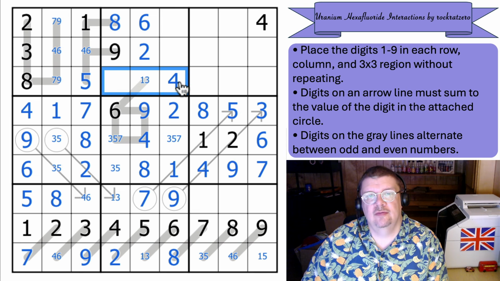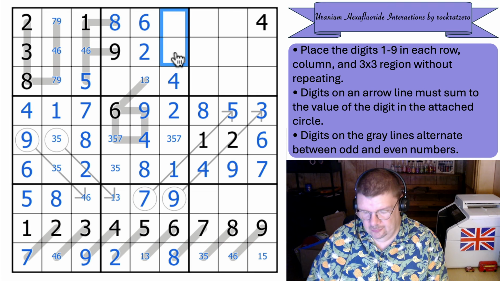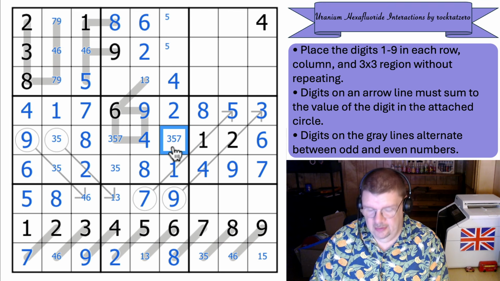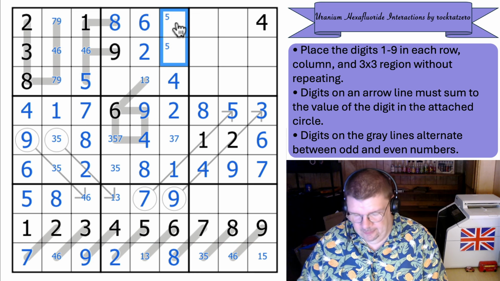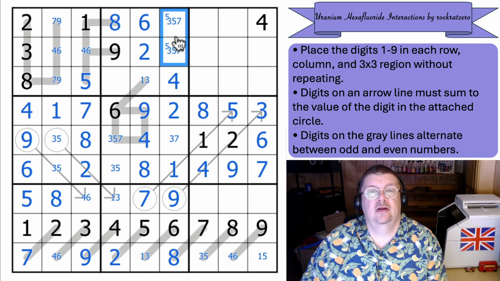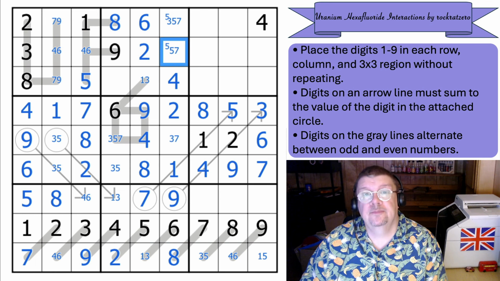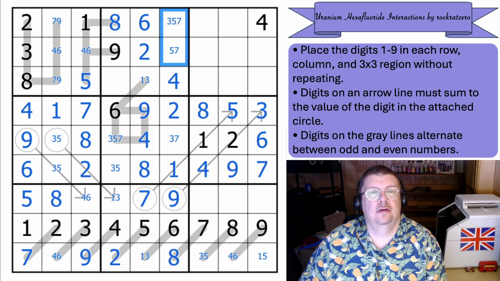In fact, 5 is not there, so 5 is in one of those two, which eliminates 5 from here. But this is also 3, 5, and 7. And one of those is a 5. That's not a 3. I'll remove the corner mark. Okay.